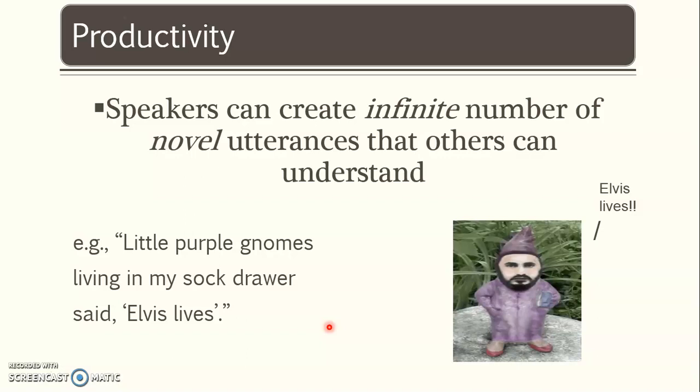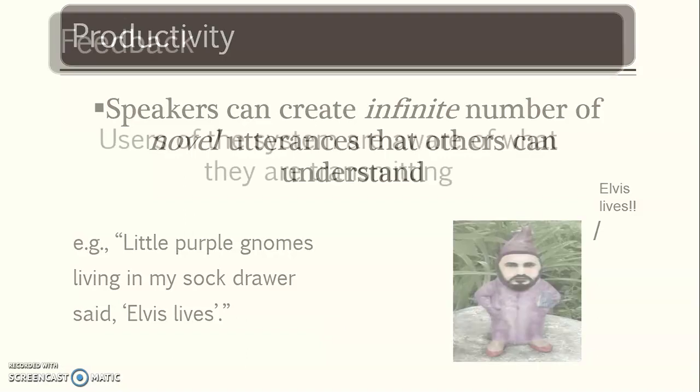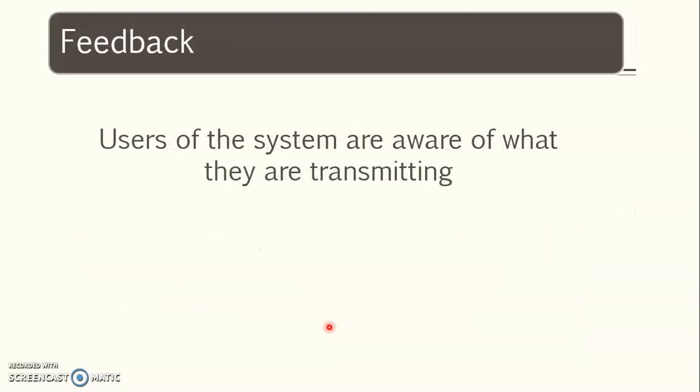For example, fantastic stories, little opinions, living in my sock drawer, said Elvis Lance. So they can understand. I can create an infinite number of new words, and that in some cases is not possible with animals, or only to a certain extent.